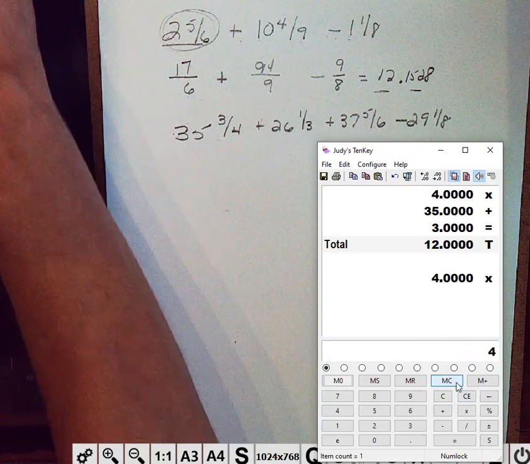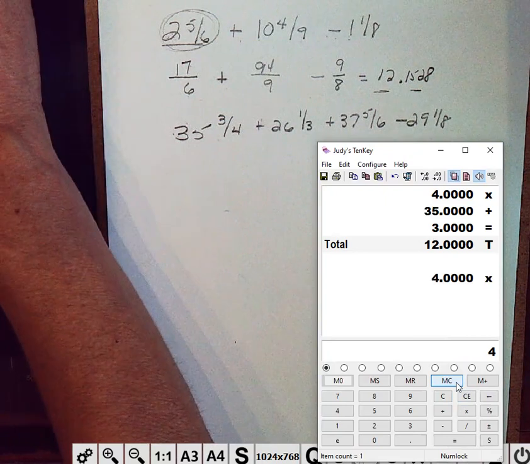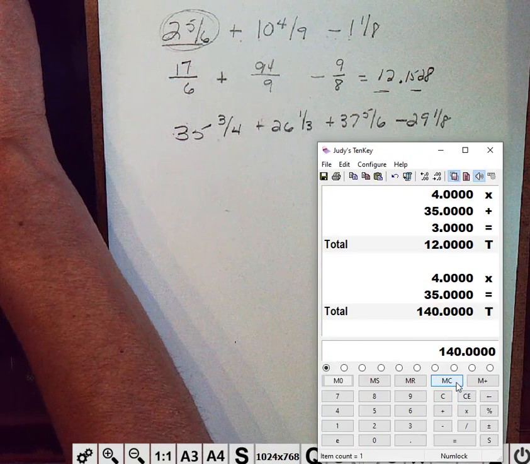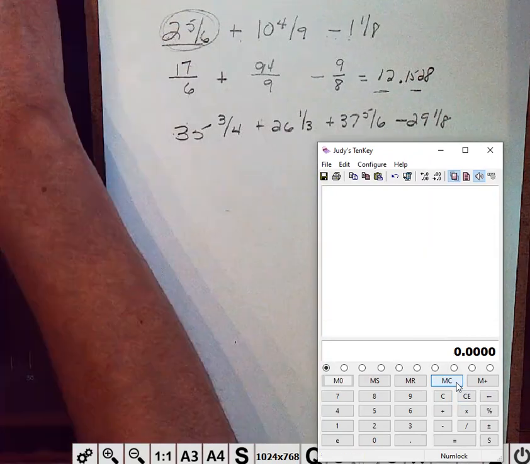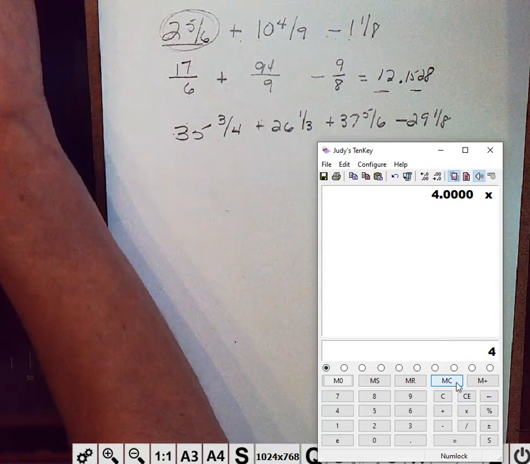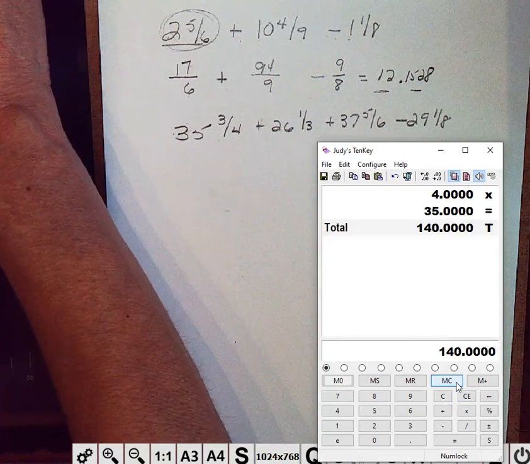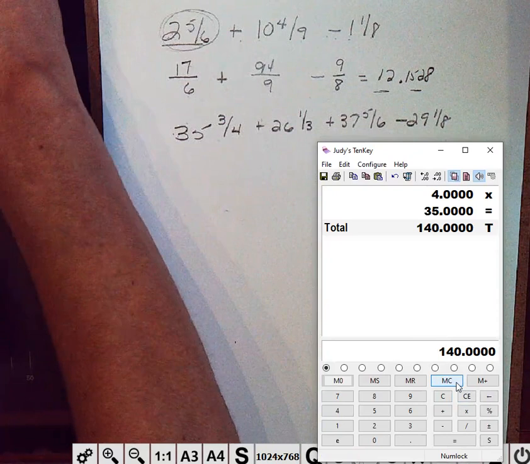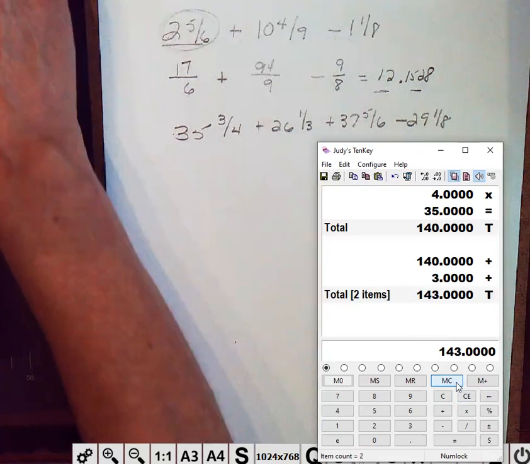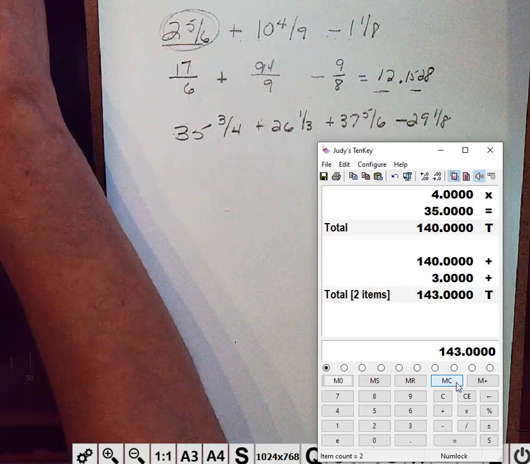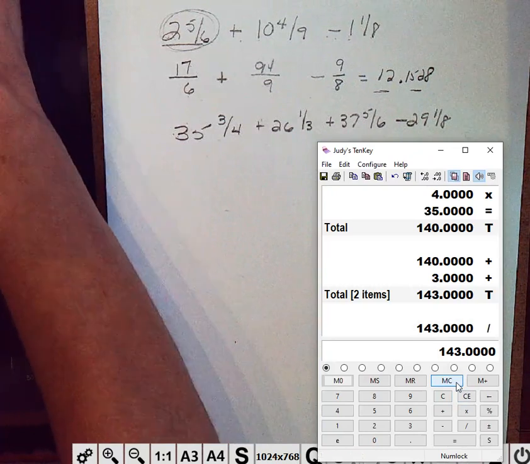I haven't practiced this one, so I wasn't going to do it this way. 4 times 35 is 140. Add 3, you get 143, and we could divide that then.